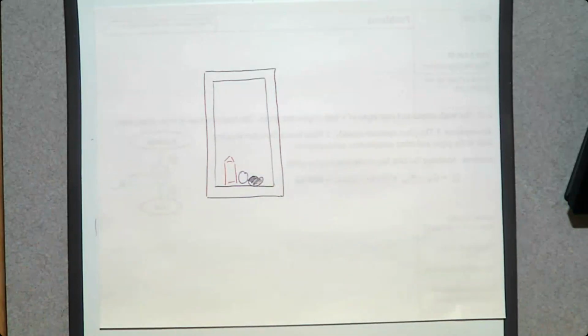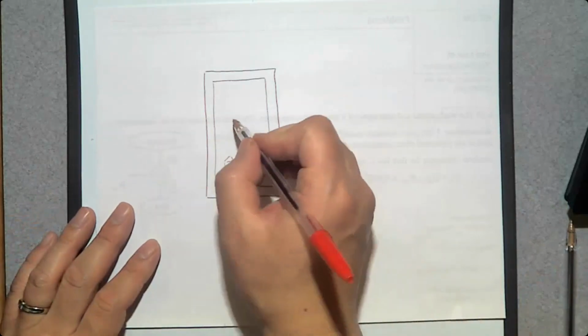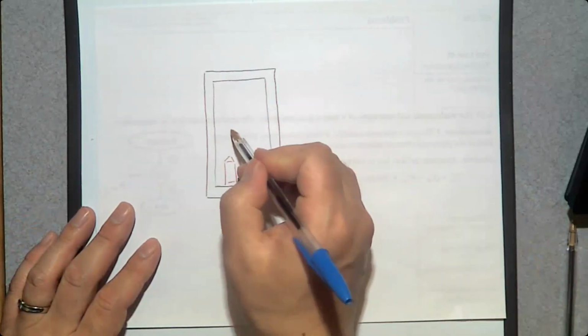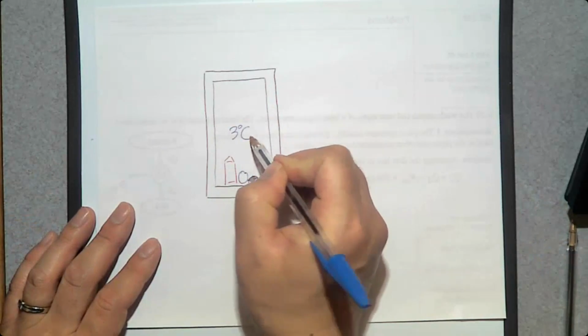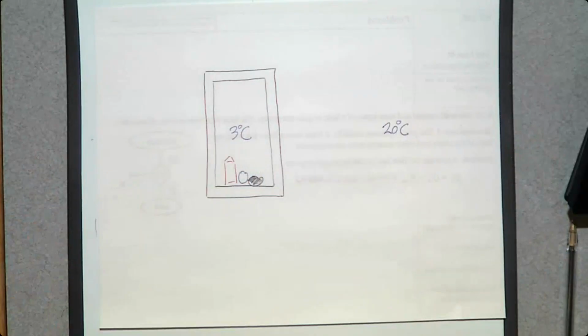So what is this refrigerator about? What happens thermodynamically if we don't do anything? The inside is initially at low temperature, 3 degrees Celsius, and outside is what? Usually we put a refrigerator in a kitchen, so outside is going to be the air in the kitchen at 20 degrees Celsius. So tell me what's going to happen. Naturally, there is a heat transfer. From where?